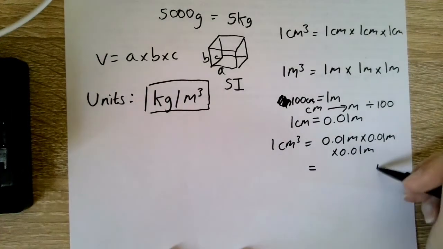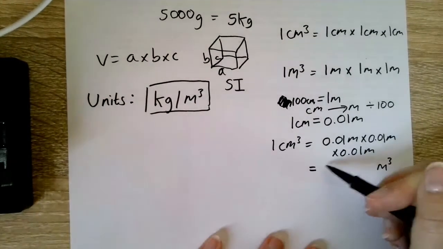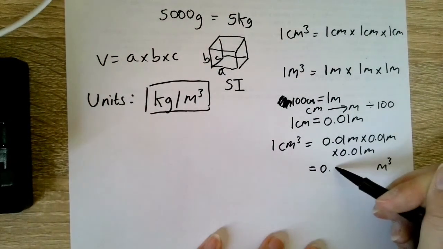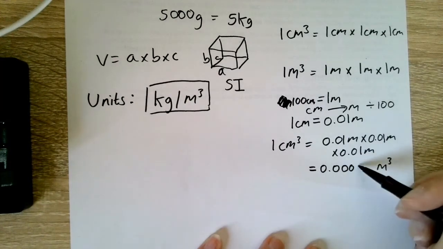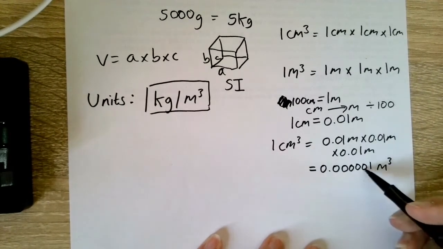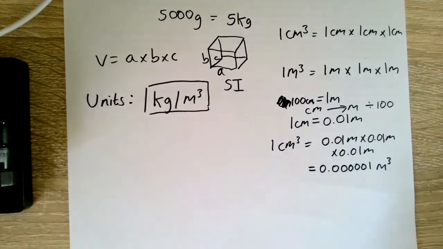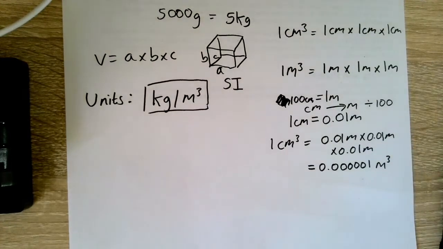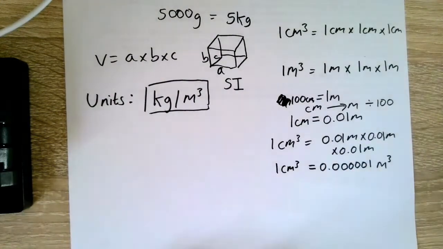And so our answer in metres cubed is 0.000001, so 6 zeros and a 1. So that is our 1 centimetre cubed.